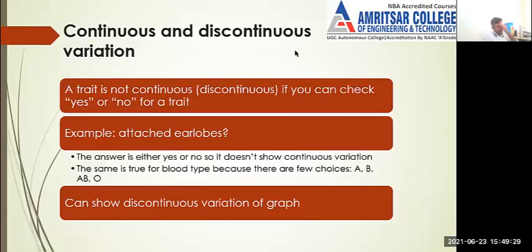Okay. So what is continuous and discontinuous variation? A discontinuous trait is not continuous, right? You can check yes or no for a trait. For example, attached ear lobe. There are different types of ears.